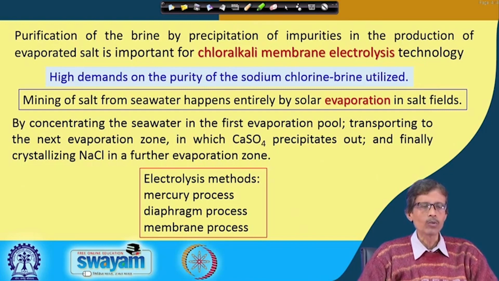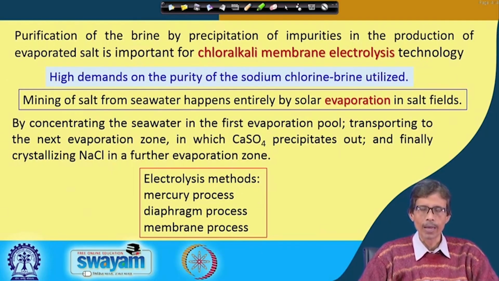With a mercury pool, we also know that sodium amalgam can be helpful, as in the presence of mercury some sodium amalgam is formed over the surface. So we will have a mercury process.